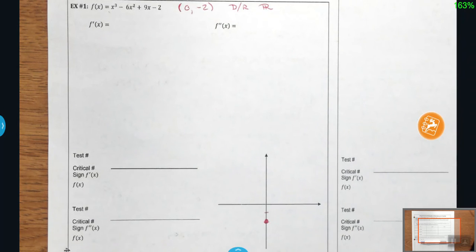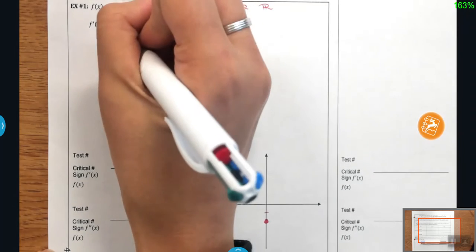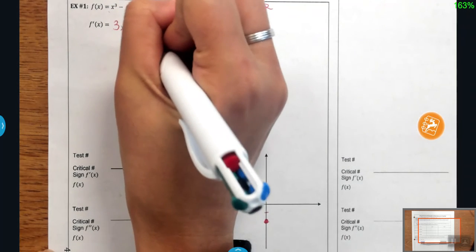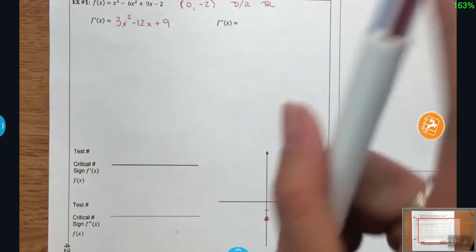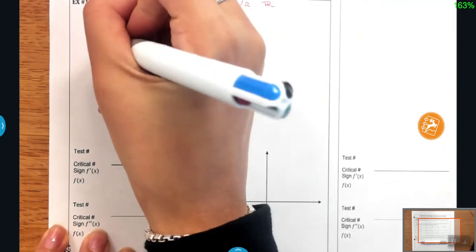All right, now let's find our first derivative. And then what should I do? Oh, we already have the y-intercept. Okay, find our critical values.